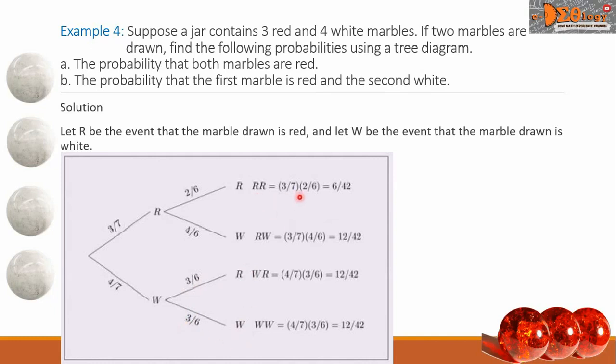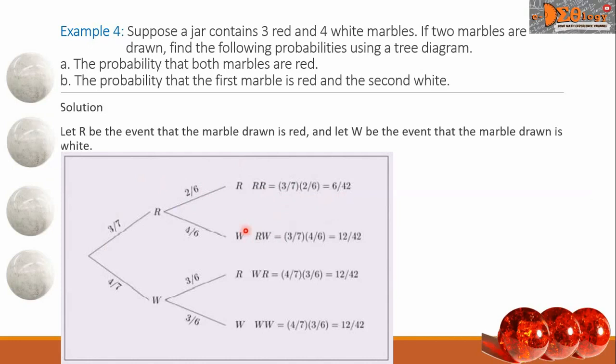Now, let us compute the probability of taking 2 red marbles. We simply multiply the probabilities as shown here. So 3 over 7 multiplied by 2 over 6, the answer is 6 over 42.